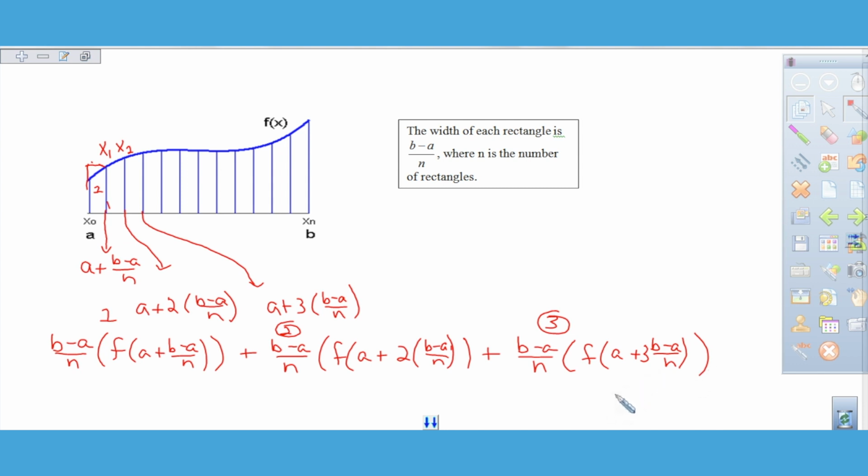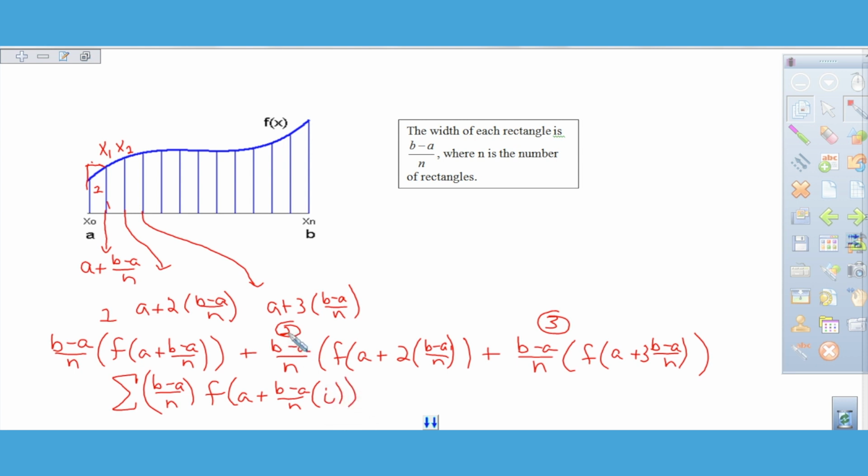And so what I'd like to do is write something that does this symbolically and adds it all up. Okay? So I'm going to write a sigma, because sigma in mathematics, this big Greek S, means to sum up. And so I'm going to add up all of the b minus a over n's. See how that's common in all of them? And I'm going to write the function in terms of a plus b minus a over n times, and this is called a counter, times i.